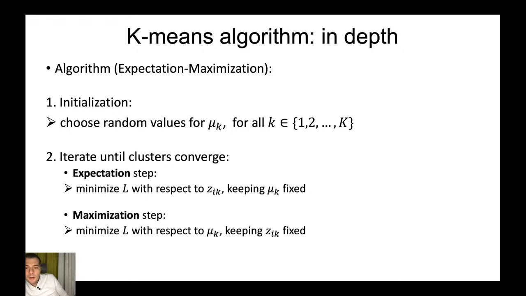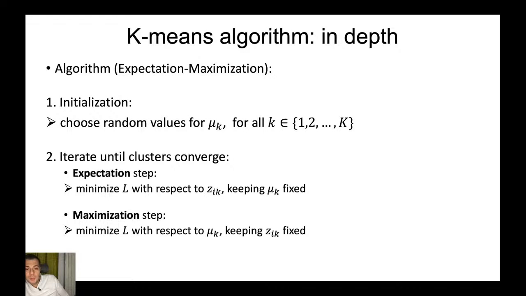Okay, so now with these notations and this rewriting of the distortion function, the algorithm looks something like this. So we have the initialization in which we choose some random values for the centroids mu_k, and then we iterate until the clusters converge. So in the expectation step, we minimize the objective L with respect to the parameters Z while keeping the centroids fixed.